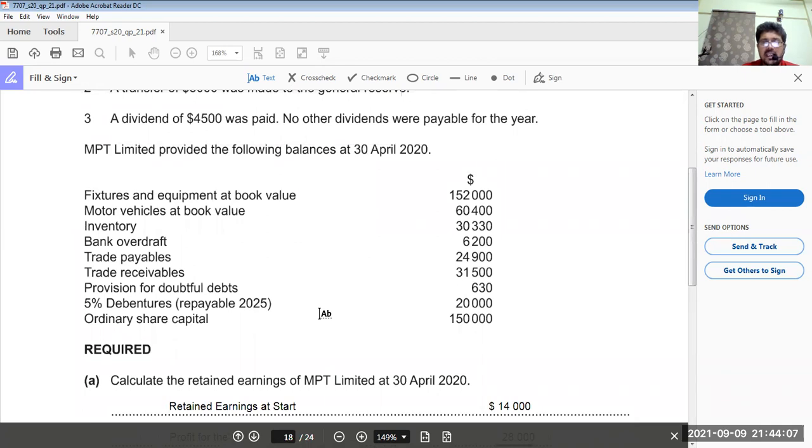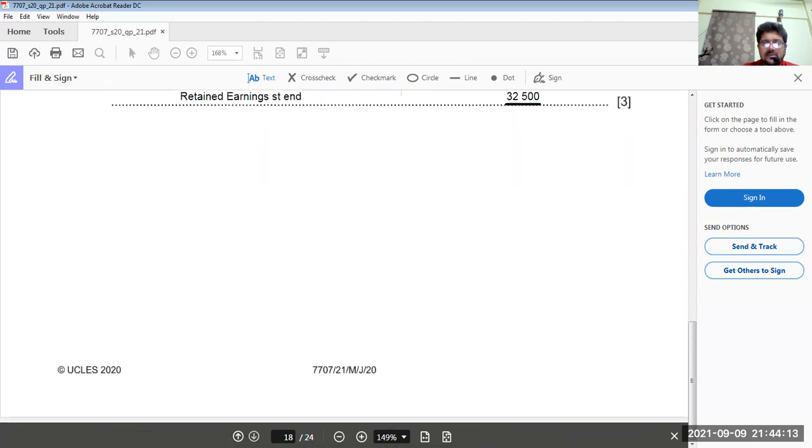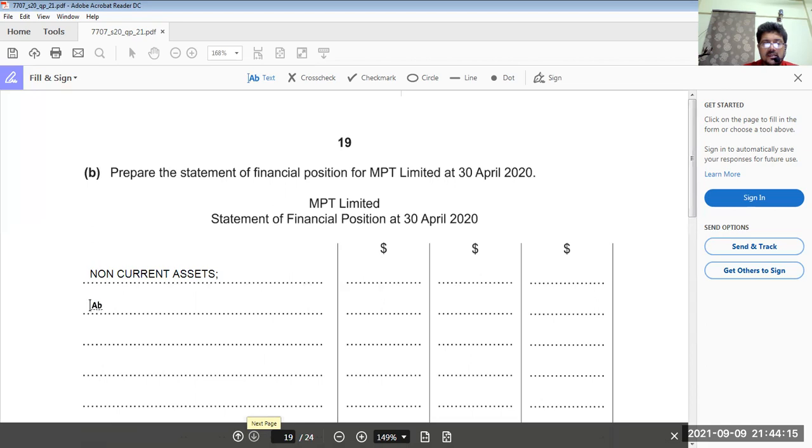Fixtures and equipment at book values. Motor vehicles at book values.